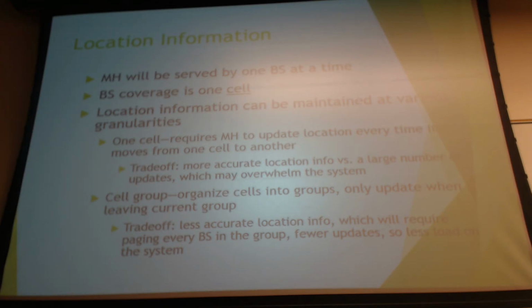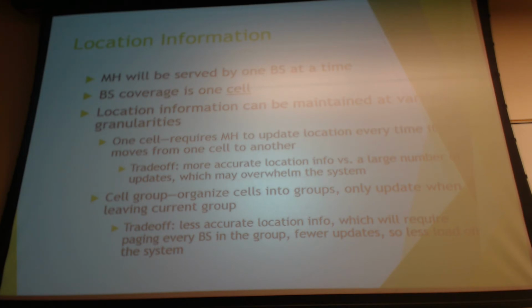Now location information can be maintained at various granularities. Given this structure, what is the location of the mobile phone? You can have various representations of the location of the mobile phone. One representation is which cell it is under. You can give a cell to the mobile phone as its location information.